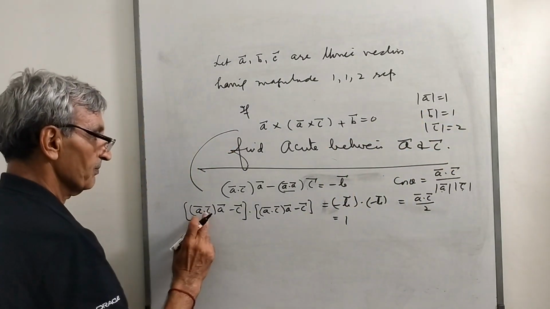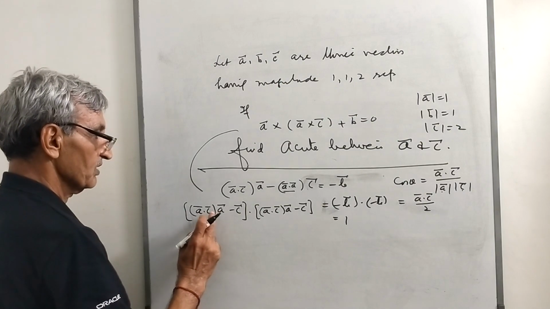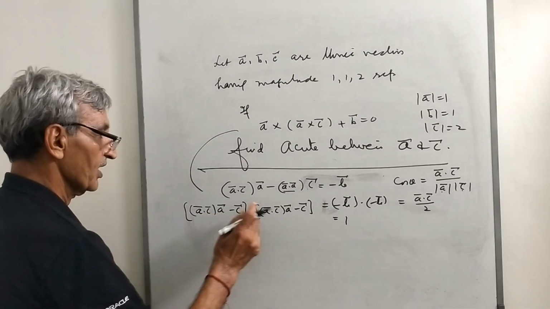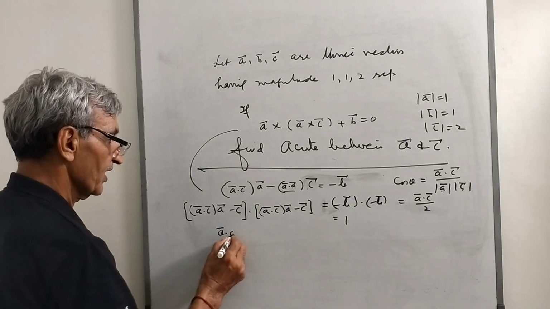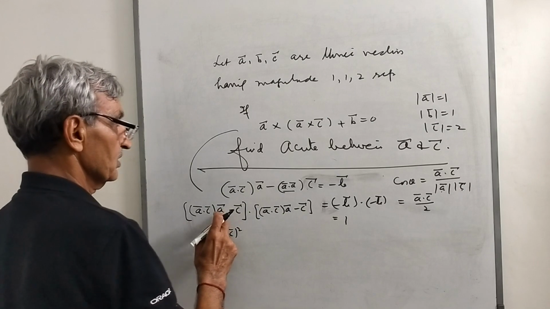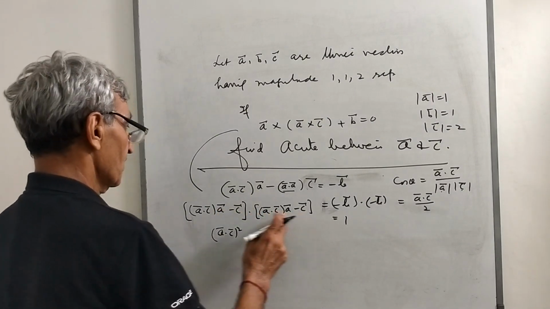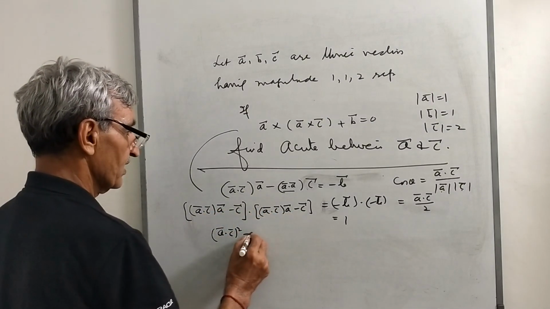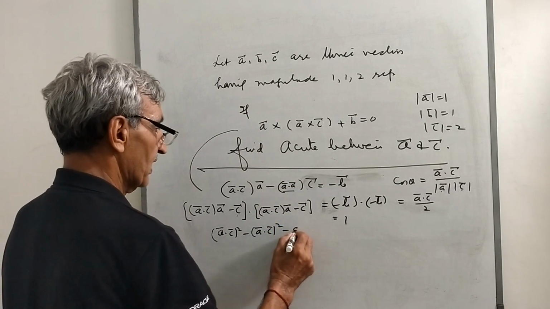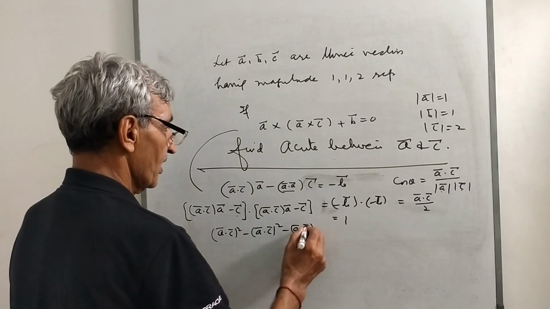I multiply this with this, this with this. A dot C, A dot A, this is square, A dot A is equal to 1. This is equal to A dot C squared. This with this: A dot C and A dot C minus A dot C squared, and here also minus A dot C squared.